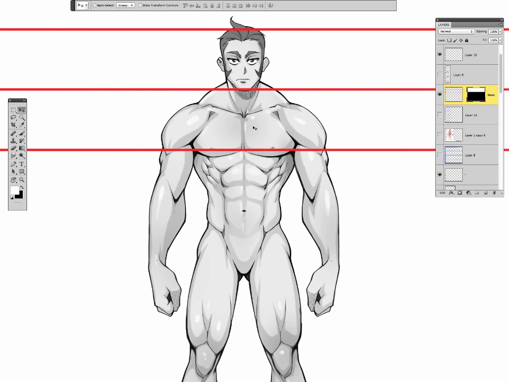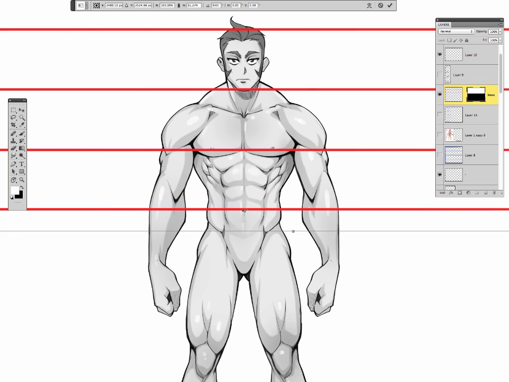This is a good way to measure quickly: 1, 2, and the third head will go just on the navel here. So as you can see now, just by having 3 heads, we already have certain points that we have to keep in mind: chin, nipple area, and the navel.